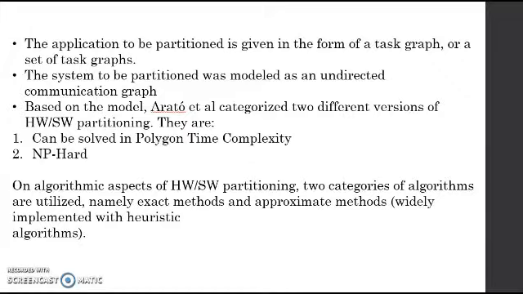They are like one model can be solved in polynomial time complexity, and the other can be solved in NP-hard. So on algorithmic aspects of hardware-software partitioning, two categories of algorithms are utilized, namely the first is exact methods and the second one is approximate methods. They are widely implemented with heuristic algorithms.